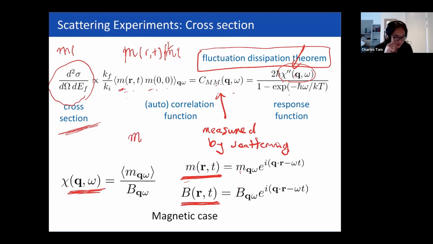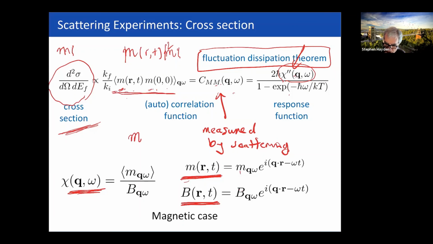Yeah, don't they approximate it with Fermi's golden rule or something, if I remember correctly? Yeah, well, this is Fermi. This is also Fermi's golden rule. This approximation, where the scattering is proportional to this correlation function, is essentially the Fermi golden rule, and you apply it to neutrons.